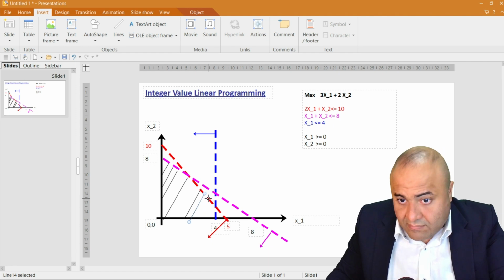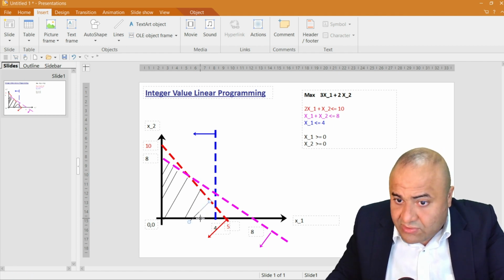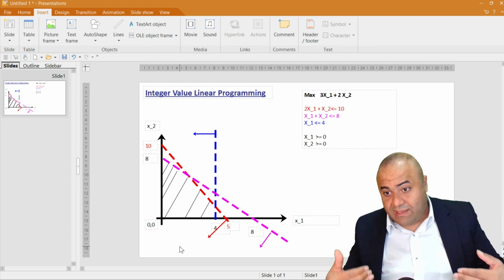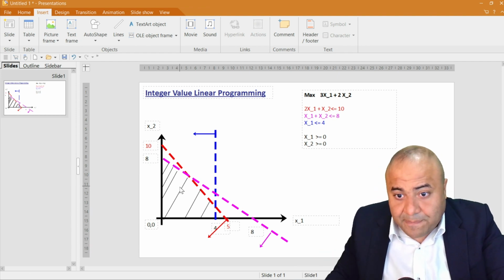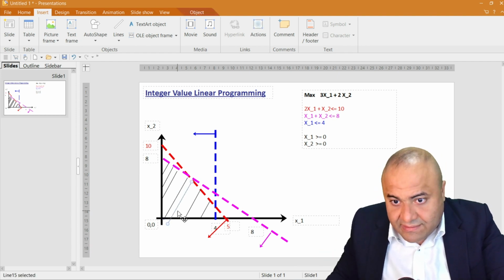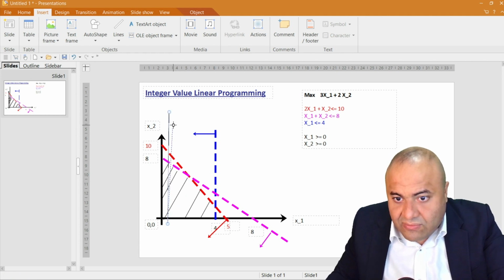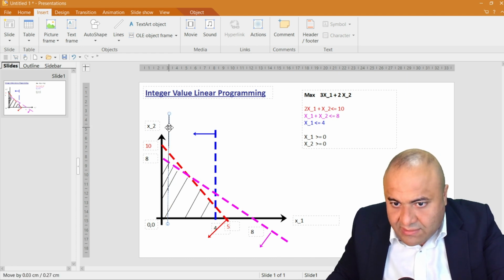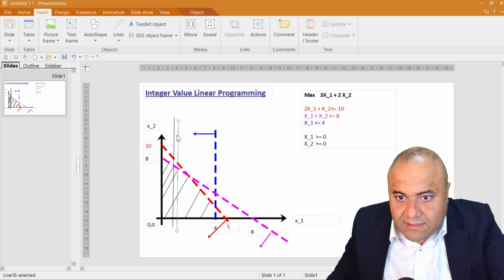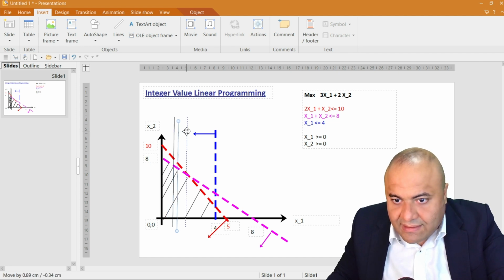Now bear in mind, how can we solve it? We already know that x1 and x2 should be integers. So the values of x1 and x2 should be, for example, for x1, 1, and then this line is going to be 2, and this line is going to be 3.